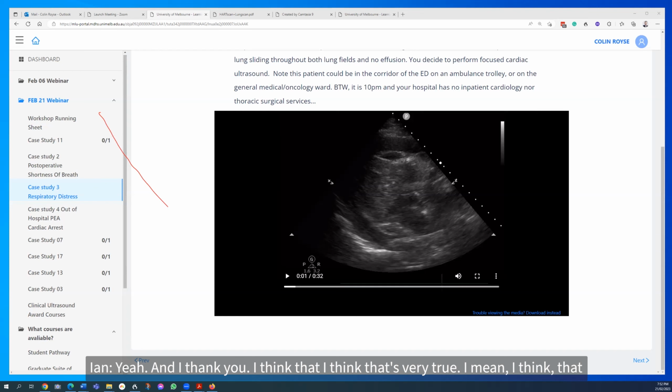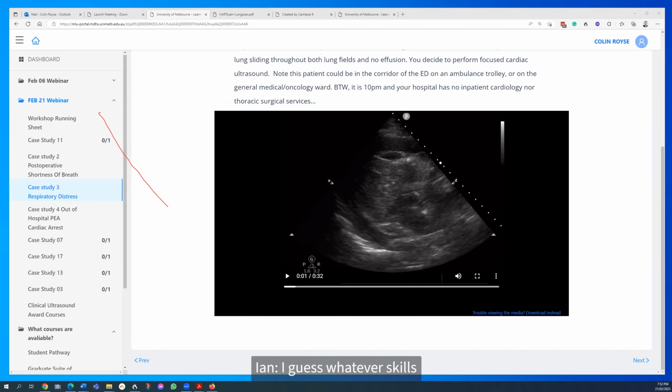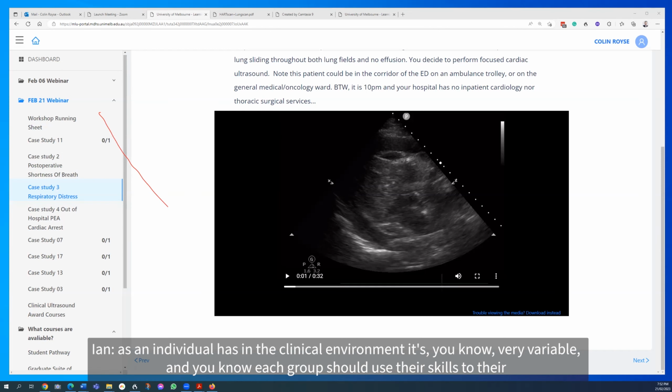Yeah, no, thank you. I think that's very true. Whatever skill set an individual has in the clinical environment, it's very variable, and each group should use their skills to their optimal.